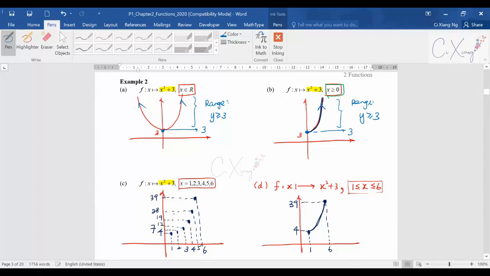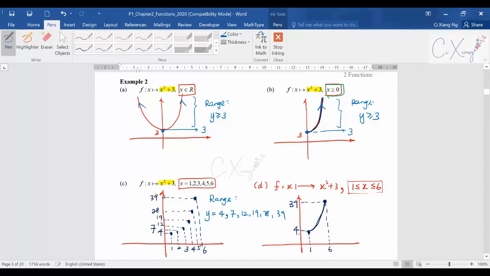All right. Then how about for part C? For part C, this is a bit special because they only consider the 6 points here. Therefore, the range also has 6 values only. So what is the 6th value here? You should have 4, then 7, 12, 19, 28, and also 39.